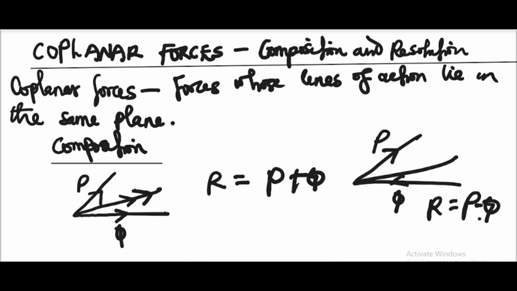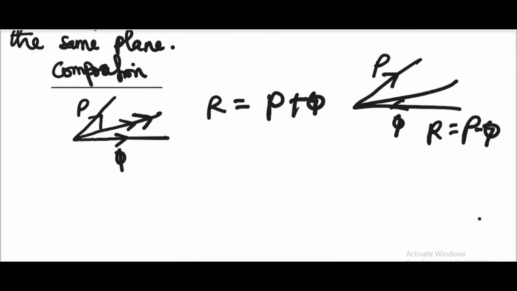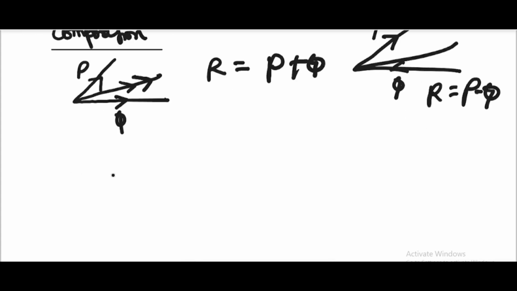Okay, now if P and Q act at an angle theta, that is when we bring in the parallelogram law of forces. Now let's look at what happens. Now we have force P going this way, and then we have force Q going this way. Since we called it the parallelogram, let's complete the other sides.